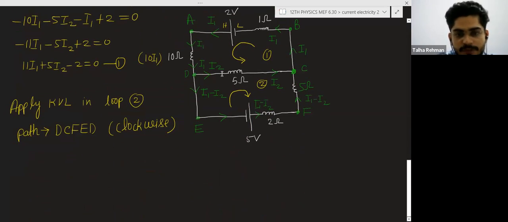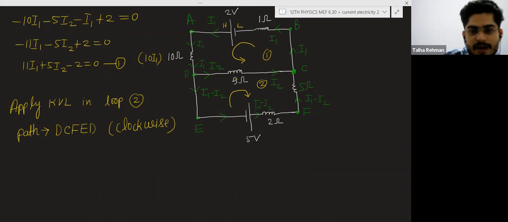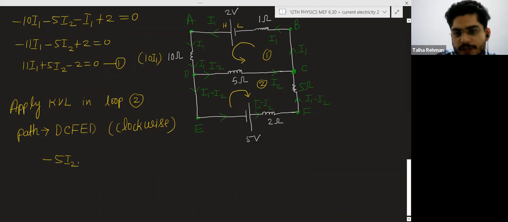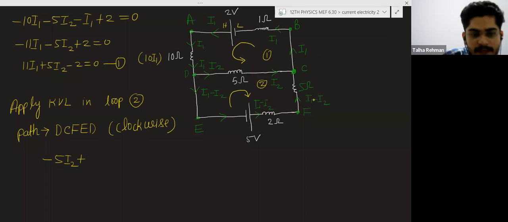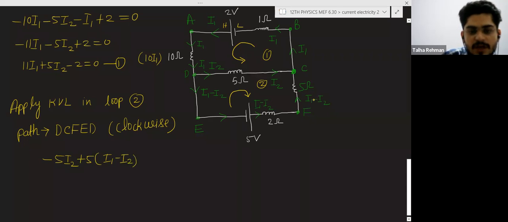When you move from D to C, you are moving in the direction of current. So you will take this as minus 5 I2. Now from here to here, you are moving in the opposite direction of current. Now you will take plus 5 times I1 minus I2, because the current is I1 minus I2.